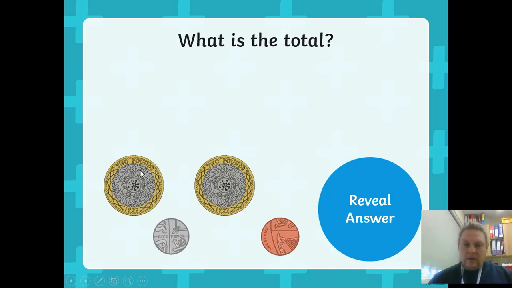So we said £1 is 100p, £2 would have to be 200p, £3 is 300p, £4 is going to be 400p. But we don't call it 400p, we call it £4. £2 plus £2 is £4. So £4 plus the 5 pence. So we've got now £4 and 5 pence, £4 and 6 pence.